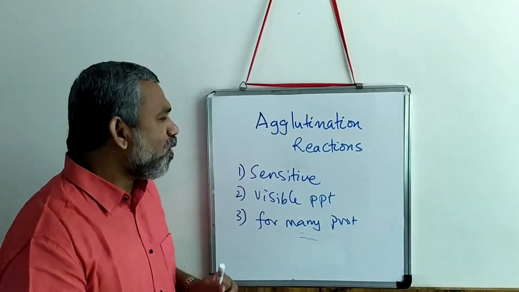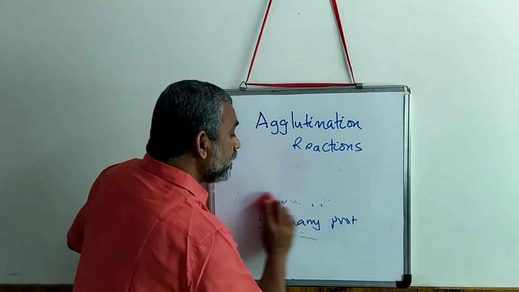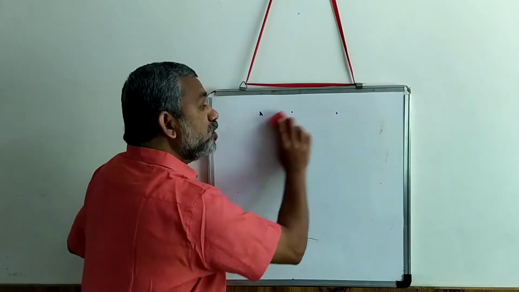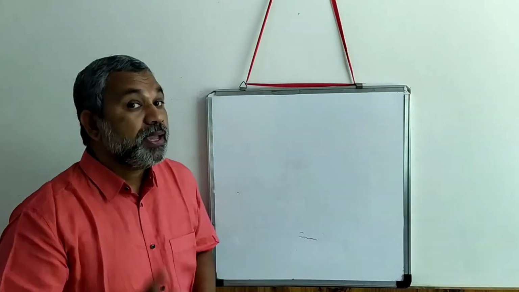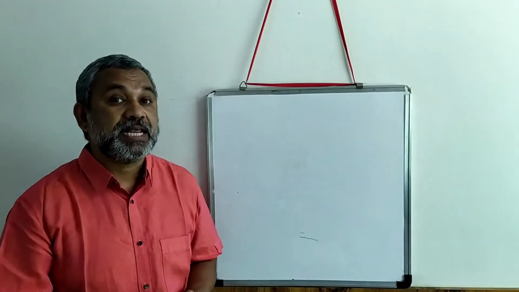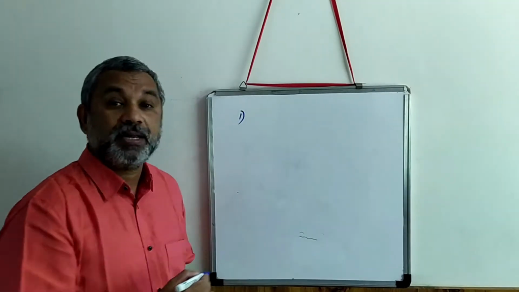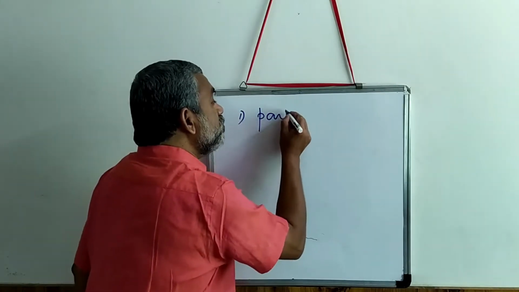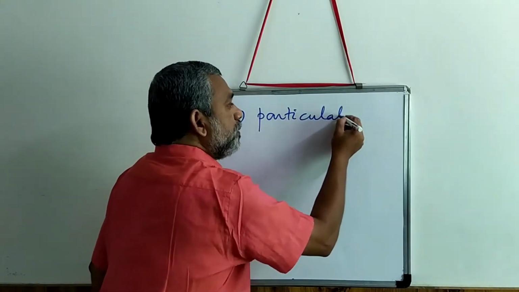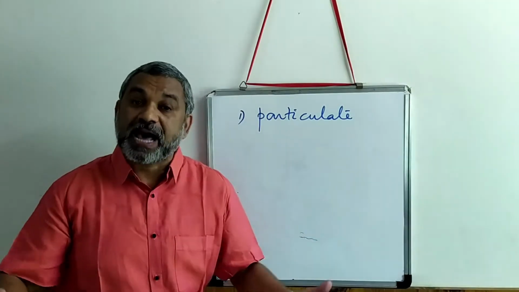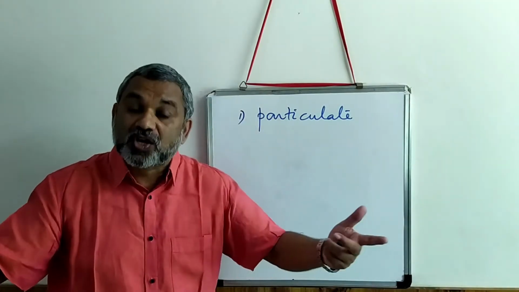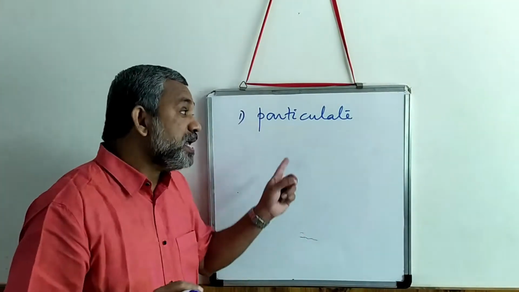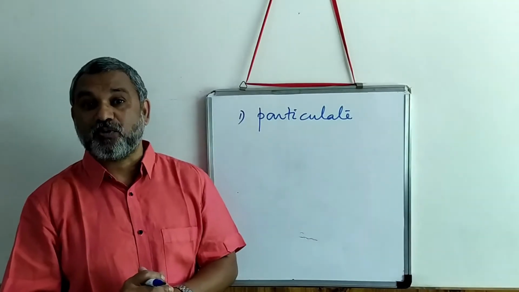Let us look at some of the conditions for agglutination reaction. In an agglutination reaction to be carried out, first of all, the antigen must be a particulate antigen. Particulate antigen means it has to be a particle, which means it can be a microorganism. Then only agglutination reaction is possible.